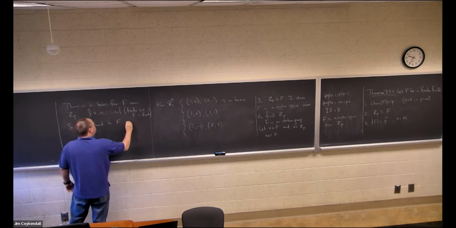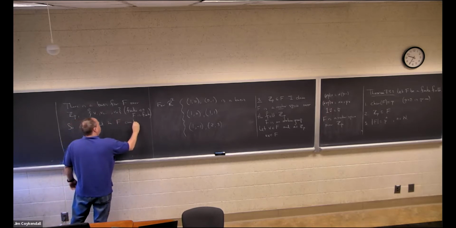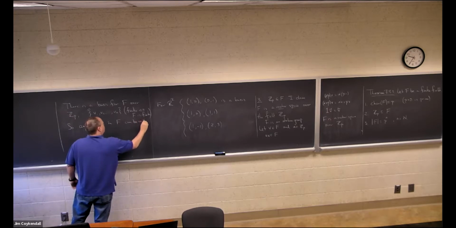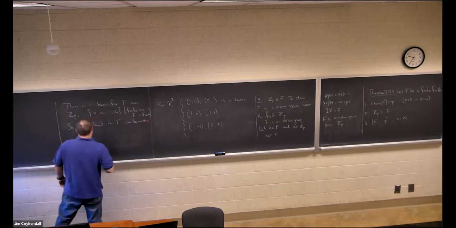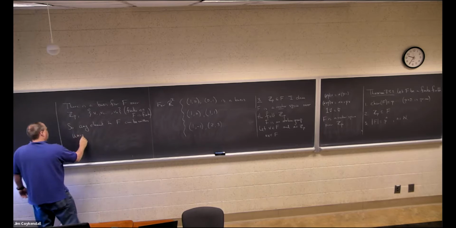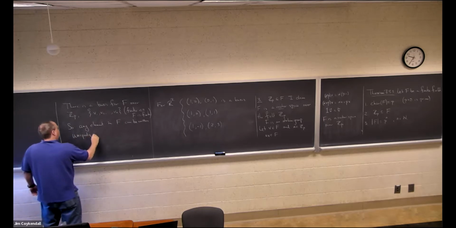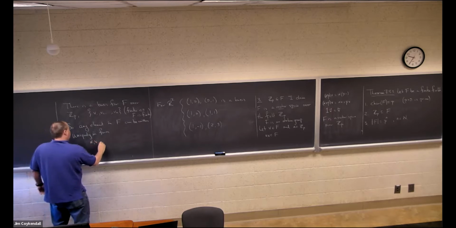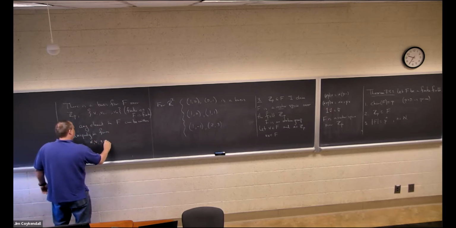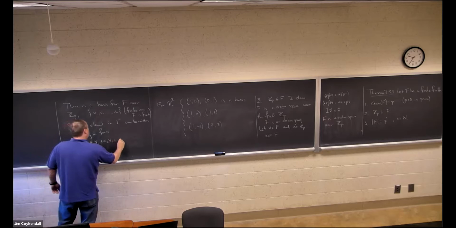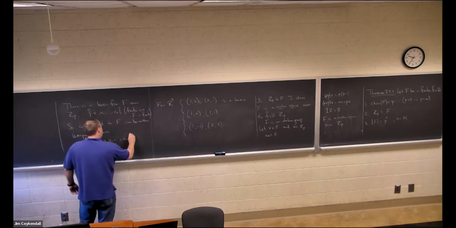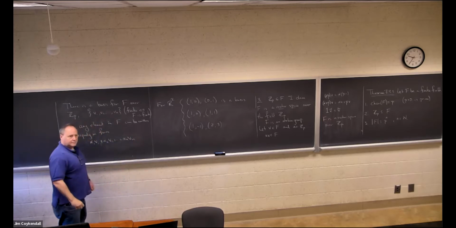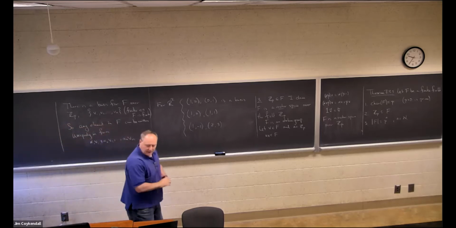every element of F can be written uniquely in the form alpha 1 v1 plus alpha 2 v2 plus alpha 3 v3 and so on.